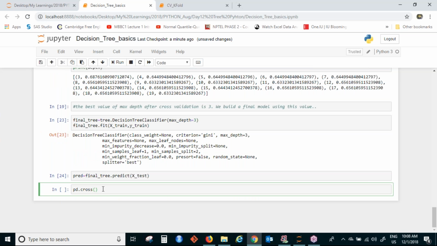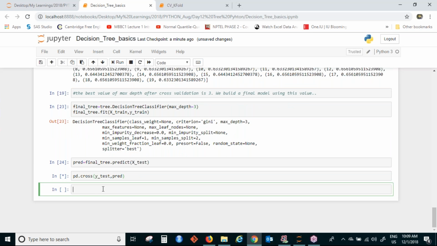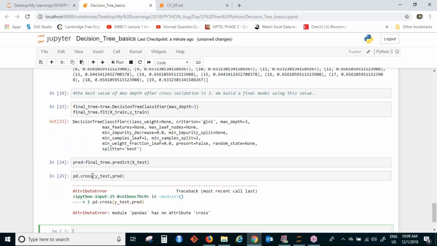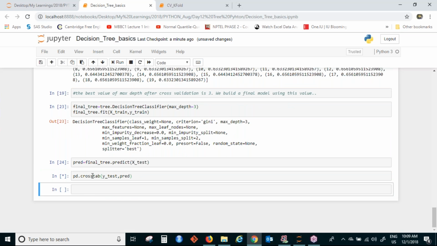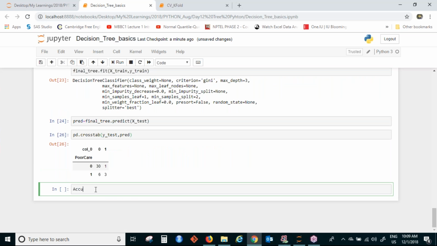Then I'll create the confusion matrix. First I will write the actual values. The actual values are in y underscore test, and the predicted values are in pred. Cross tab, right? Yeah, so this is my confusion matrix.